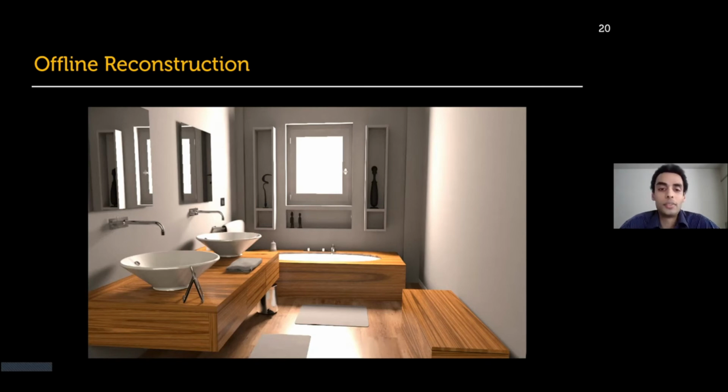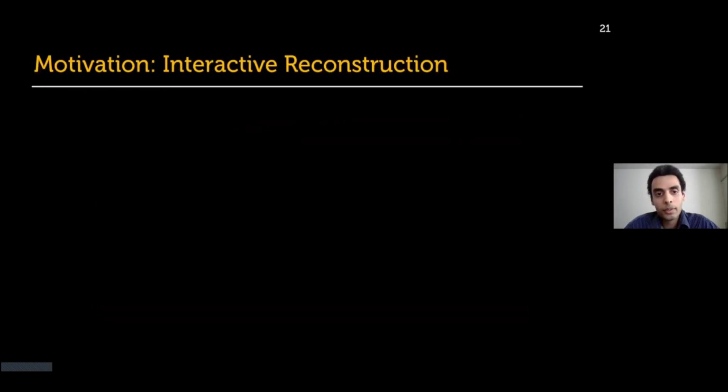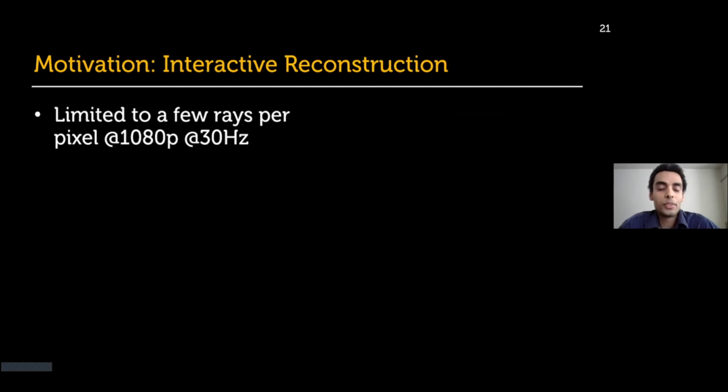Offline reconstruction solves a different set of challenges as the input already has significant information. It is not the case with real-time rendering. Games have recently migrated towards physically based shading, but we can only trace a few rays per pixel at 1080p and 30 Hz.